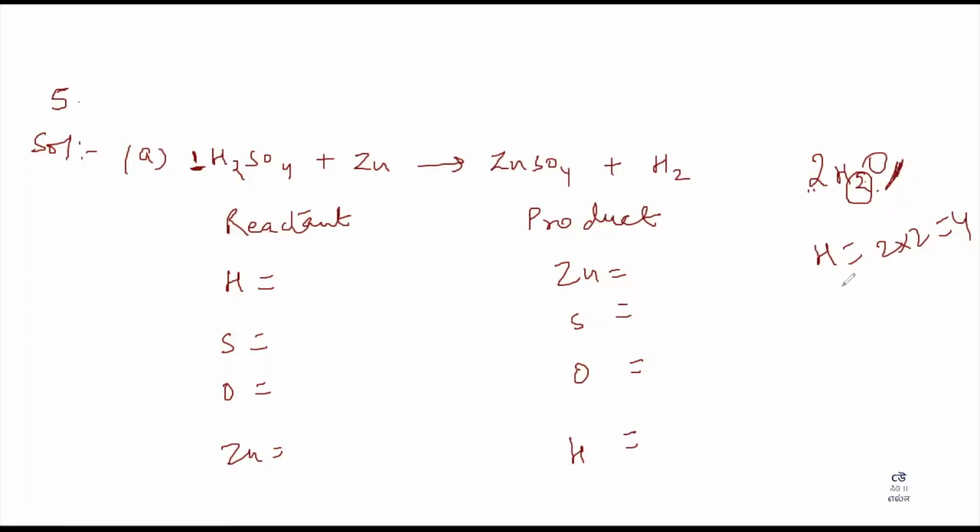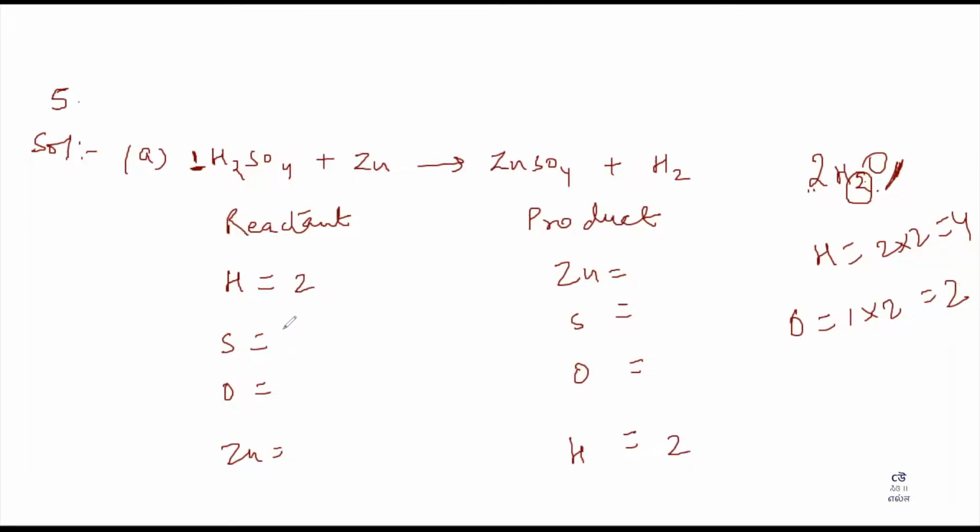But here, if we want to count the quantity of oxygen, since there are no big numbers present in front of the oxygen atom, it is 1 multiplied by 2, which gives a value of 2. So getting back to the question, we have 2 hydrogen atoms on the reactant as well as the product side.